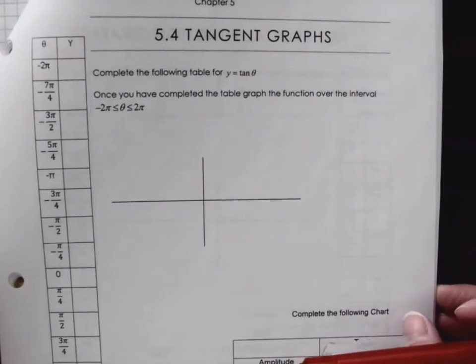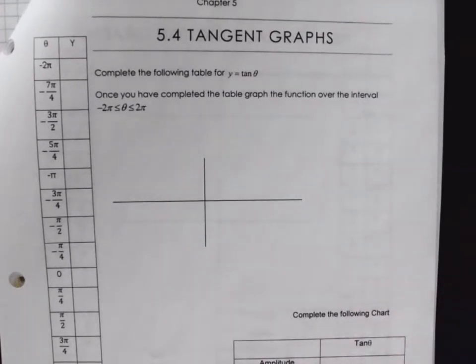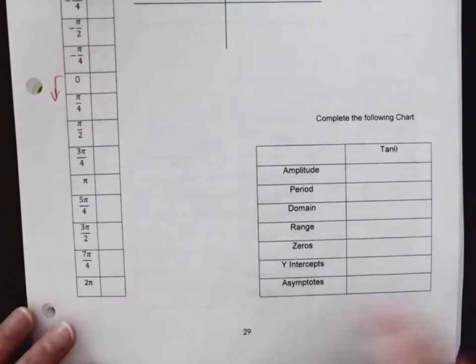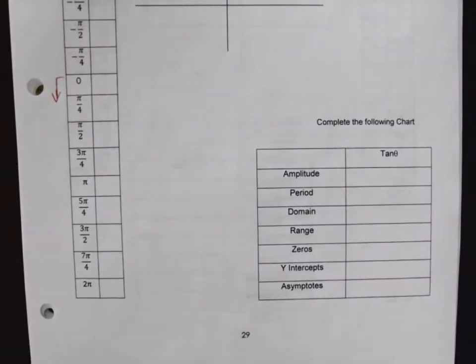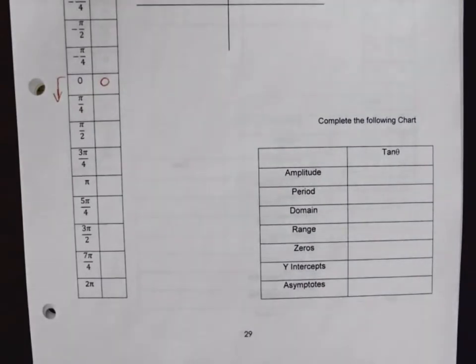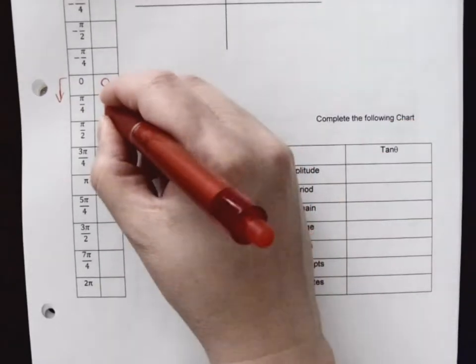I'm not super zoomed in on this because it's such a big table, but you really do need to see all of this. So let's start at the positive portion of our table. Let's start here. At 0 radians, what's the value of tan? 0. Pi over 4: positive 1.